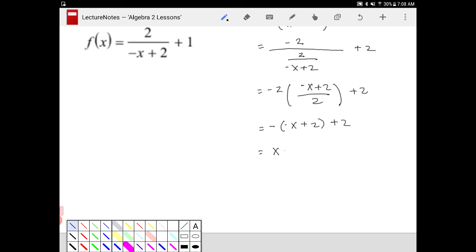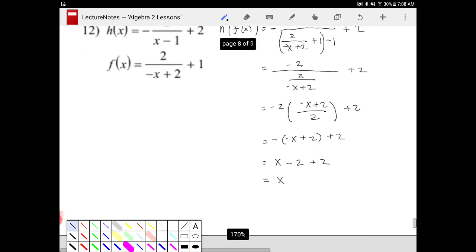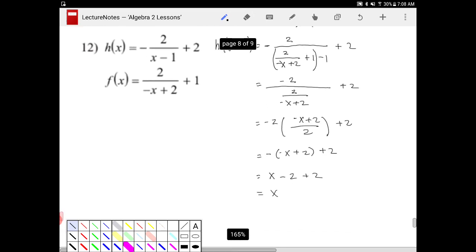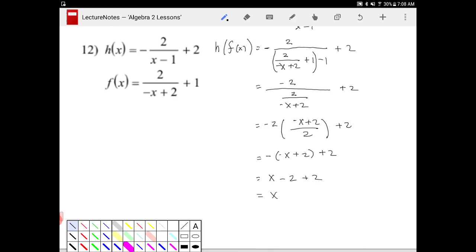This becomes x minus 2 plus 2, or this just becomes x. So you can see the difference between this example and the last problem that we did: if they were inverses, you can start to see things canceling out and reducing really dramatically, really quickly. So that's another hint at whether or not the two functions are indeed inverses of one another. So f and h are inverses.